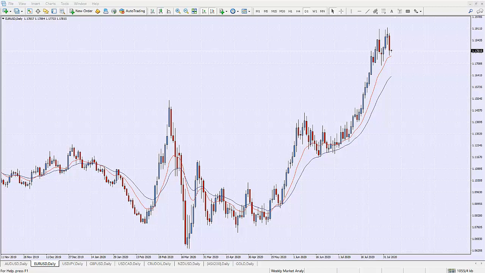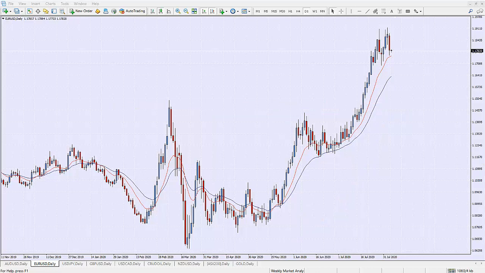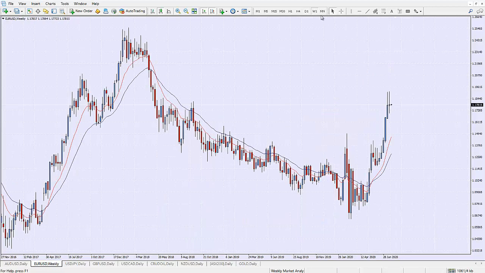Okay, this chart has got a similar theme to the Aussie US dollar that we just saw. We are very much in trend. Once we cleared that barrier there, it's opened up the next movement towards the next possible resistance level. And if I zoom out and look at a weekly chart, we can see that there really isn't any.